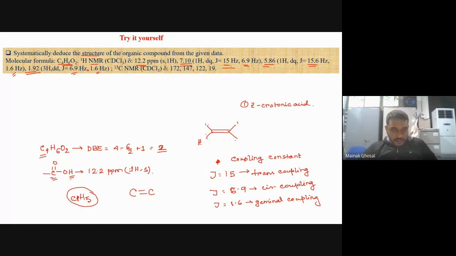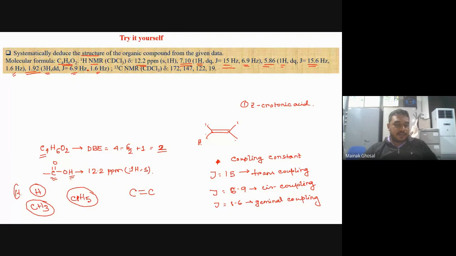Now this CH5, you can see, now you go to your NMR number of protons. There is one hydrogen, there is another hydrogen, and there are three hydrogens. Three hydrogens cannot stay here like this, so the carbon may be taken up by this three hydrogen.